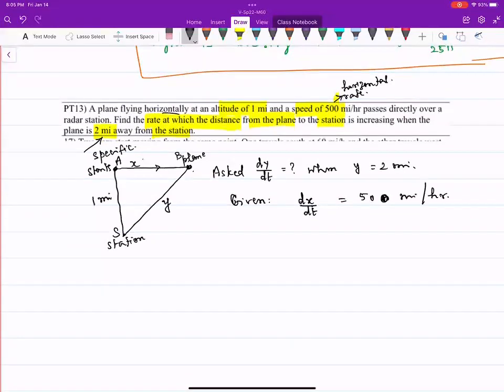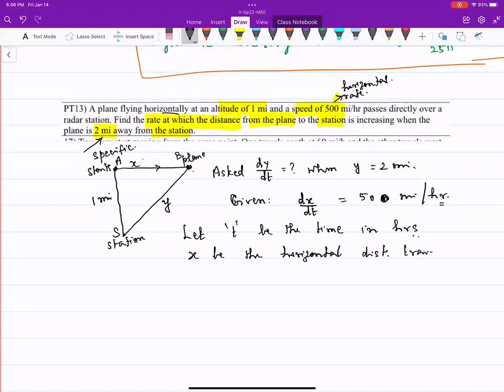So we take the horizontal distance as x, and t is measured in hours, because it's all given in terms of hours. So let t be the time in hours, and x be the horizontal distance traveled by the plane in miles.